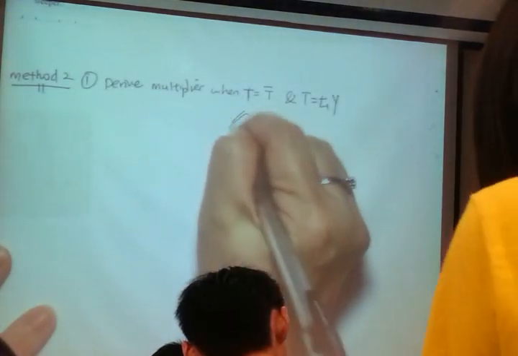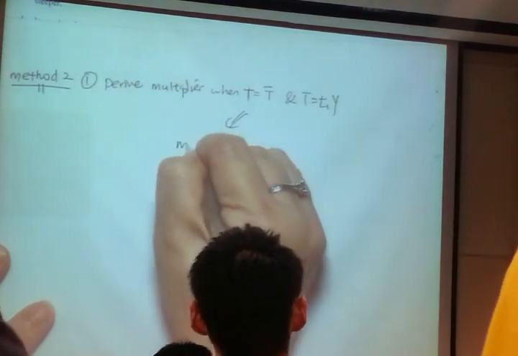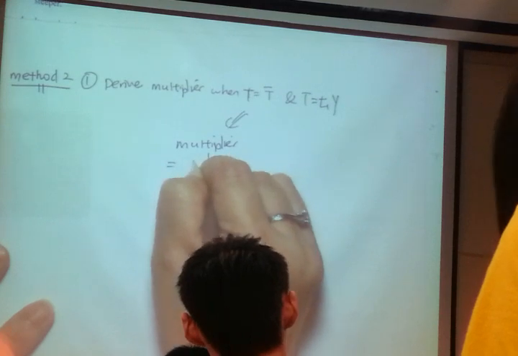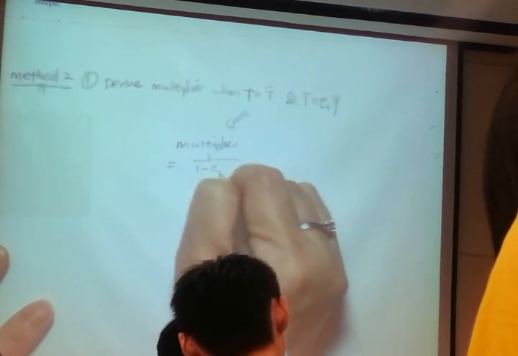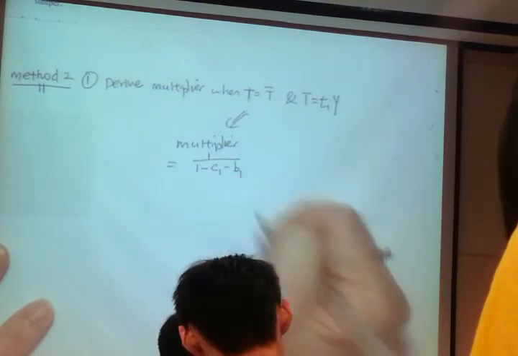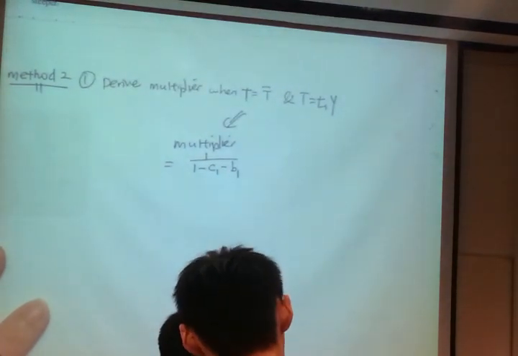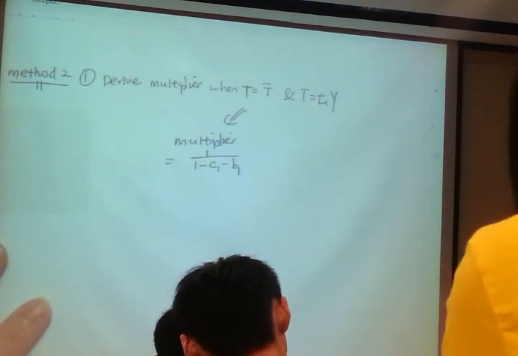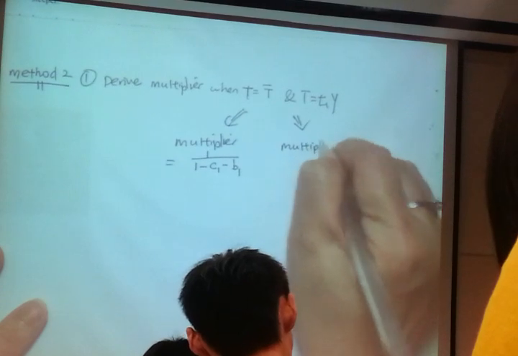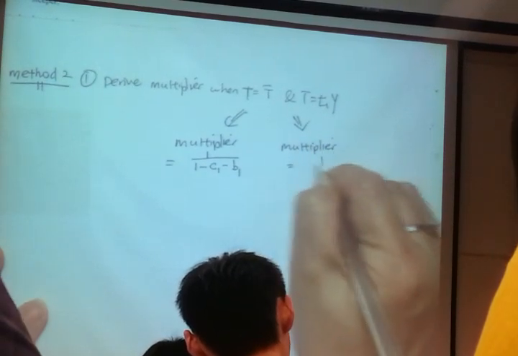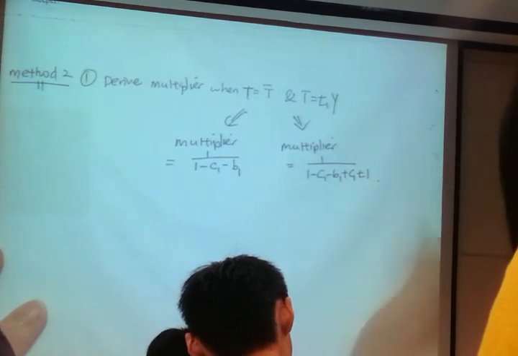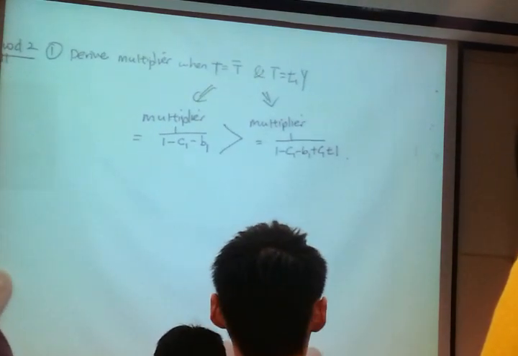Okay, for this, the multiplier is simply 1 over 1 minus C1 minus B1. Okay, for the other case, the multiplier on the left would be larger.